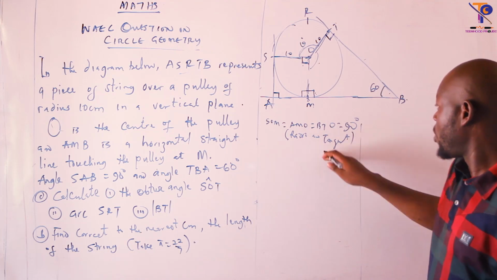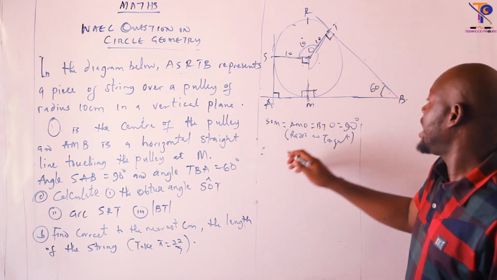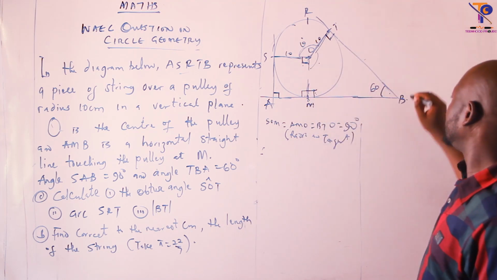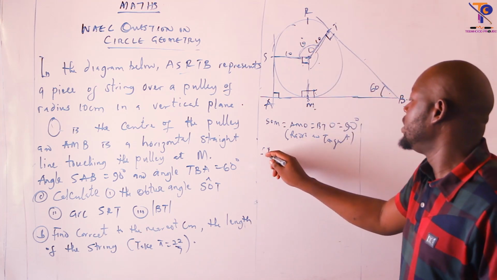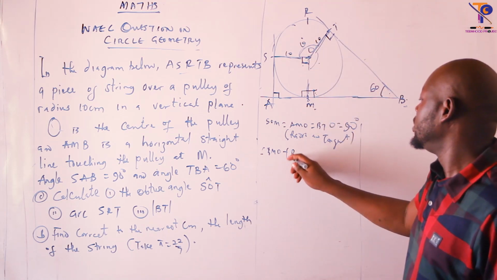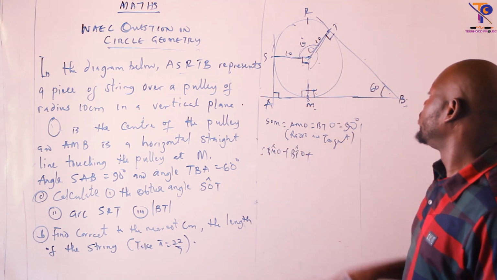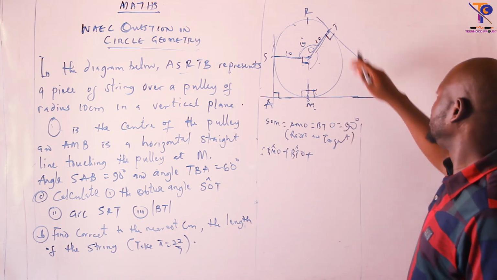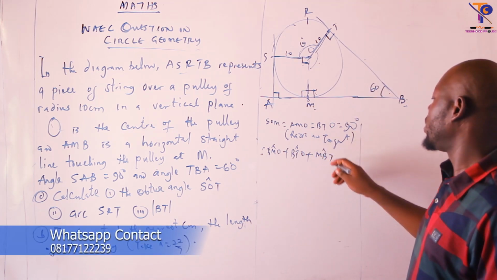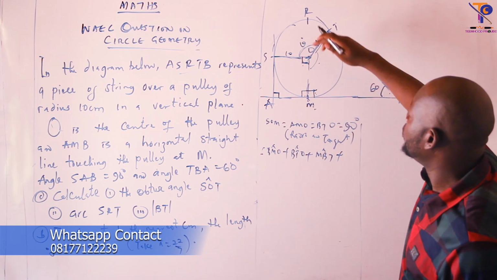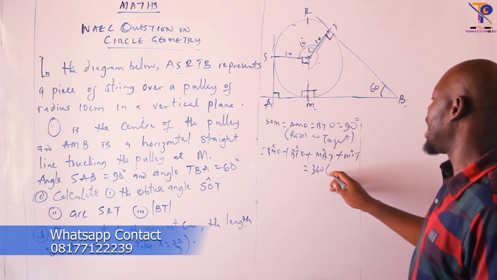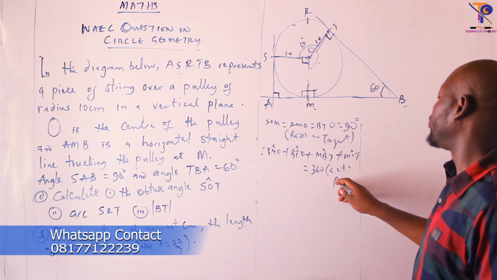So from here we have 90. Therefore, let's say BMO plus BTO plus MBT plus this angle MOT will be equal to 360, angle sum of a quadrilateral.